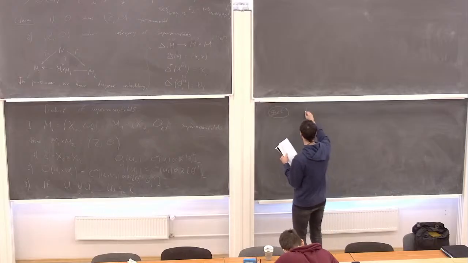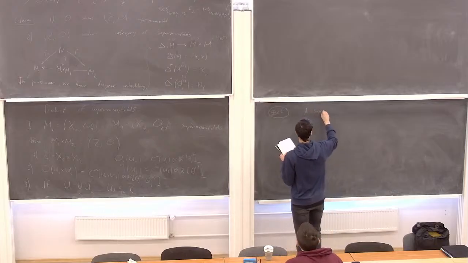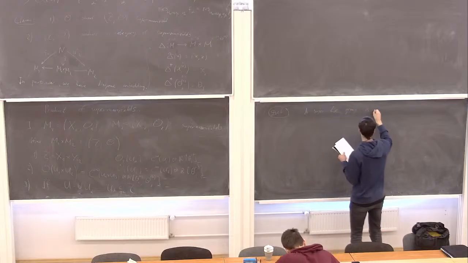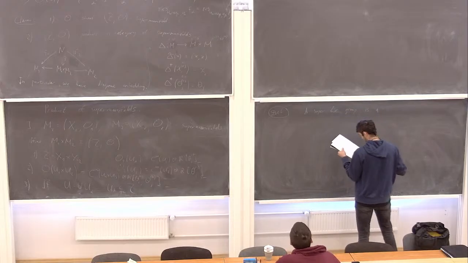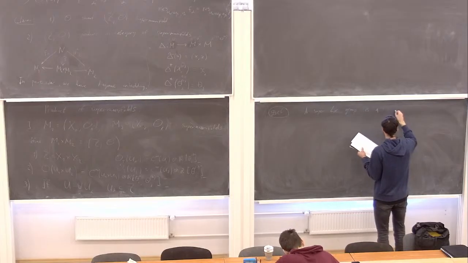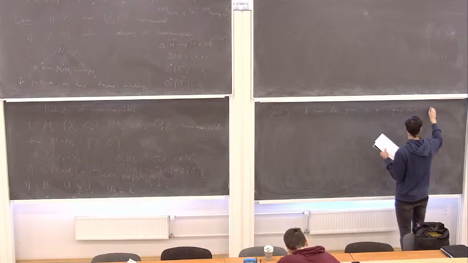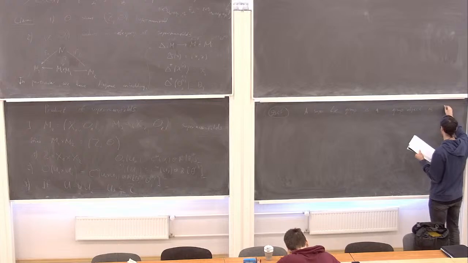So a super Lie group is a group object in the category of supermanifolds, which I denote like this.